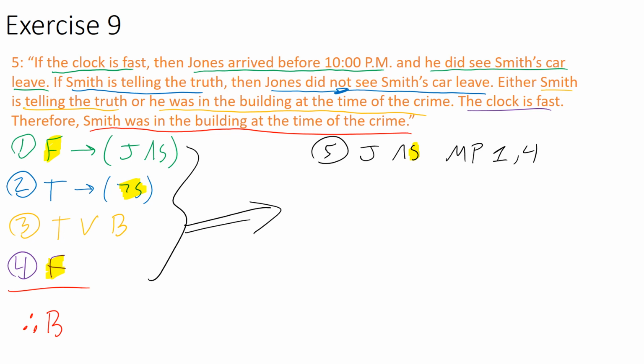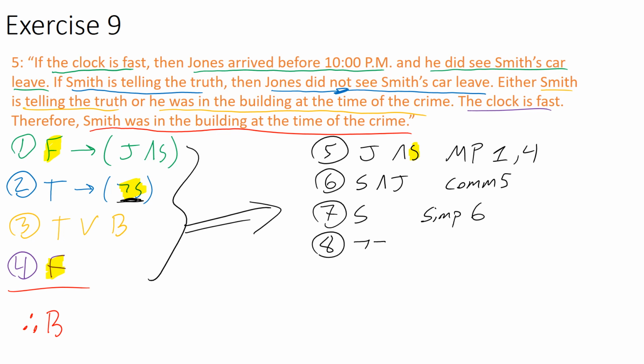So we're going to want to eventually do a modus tollens inference, but before that, for line 6, we can get S and J by the commutative rule with line 5, and then we can simplify to get S, line 7, by simplification of line 6. We want to explicitly state that we can deny not S, so we need not not S. Hence for line 8, we can get not not S, double negation line 7.